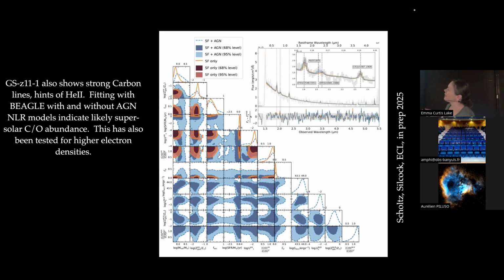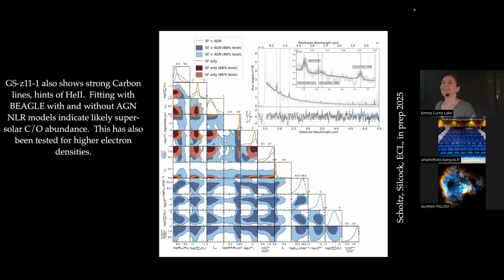And there was a hint of helium-2, which is quite high ionization, not super high ionization, but it's not well produced by many of the Cloudy grids. But we've fit it with and without the narrow-line region contribution to see whether we required an AGN to reproduce these emission lines or not, and we don't. The evidence doesn't really favor it.